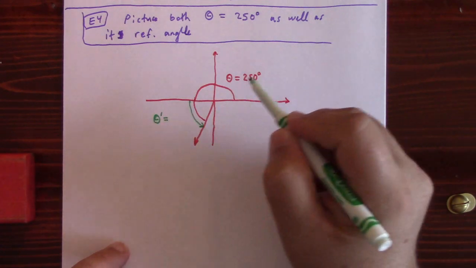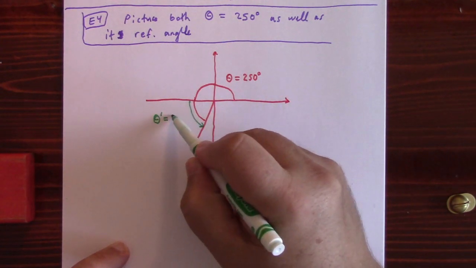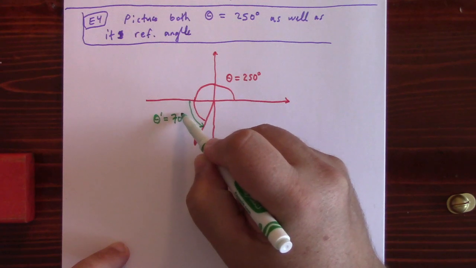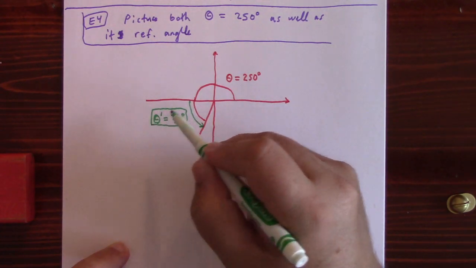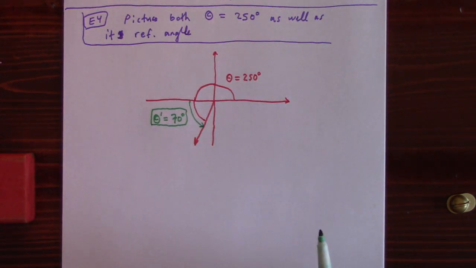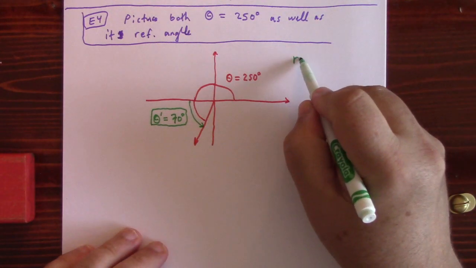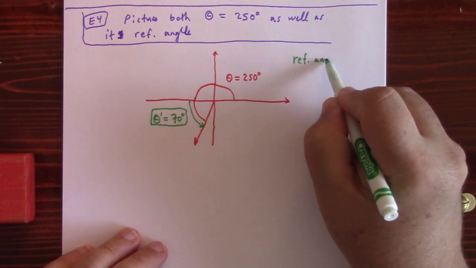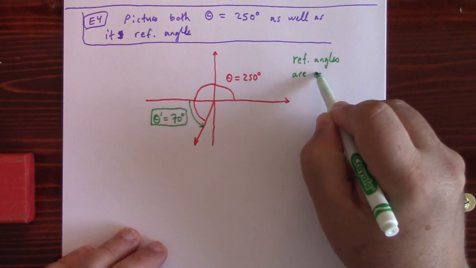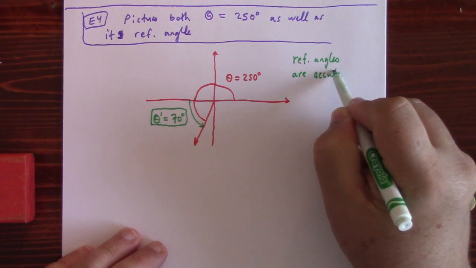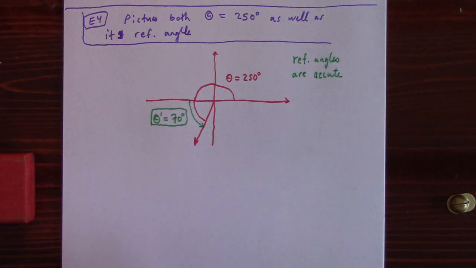In this case, it was 70 degrees. So there you go. Reference angle. Remember, reference angles are acute. All right.